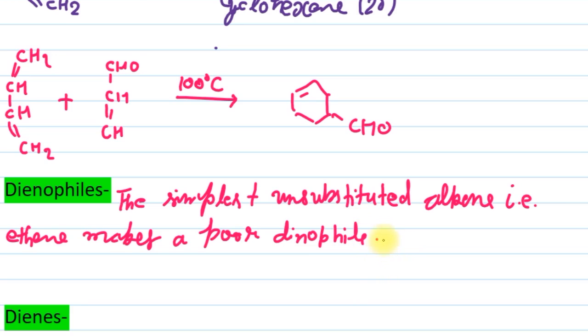Most reactive dienophiles are those which possess one or two electronegative groups alpha to the unsaturation, and here Z and Z dash may be CHO, COR, COOH, COOR, CN, NO2, halogen, and alkene C double bonded C. These are the most reactive dienophiles.